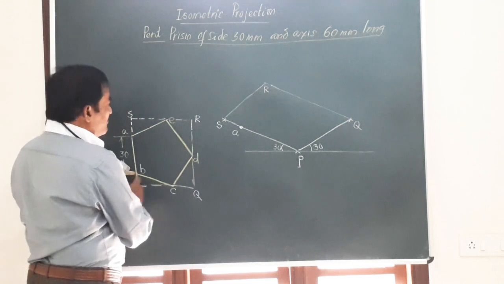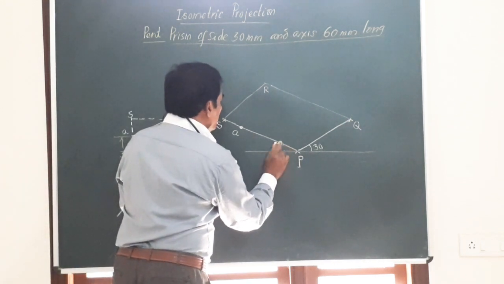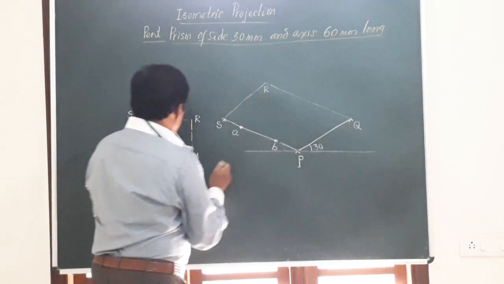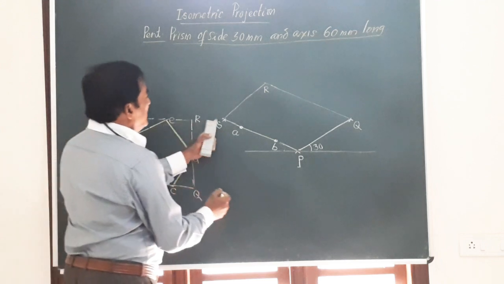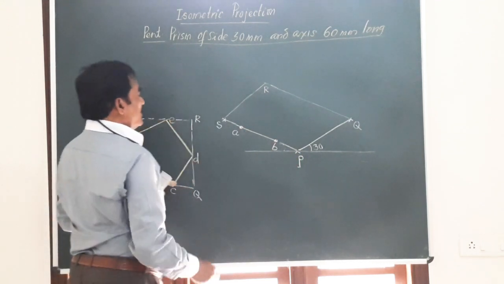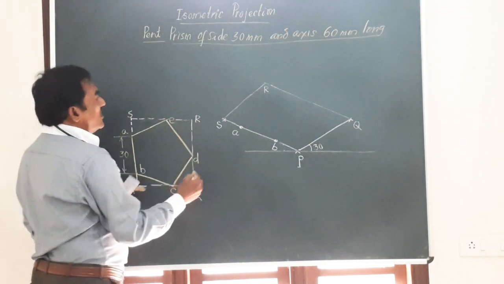Similarly, equal distance from P will be the point B. So this is point B. A and B are equidistant from that corner. This gap is equal to this gap. Please remember. Then this D is exactly between Q and R.